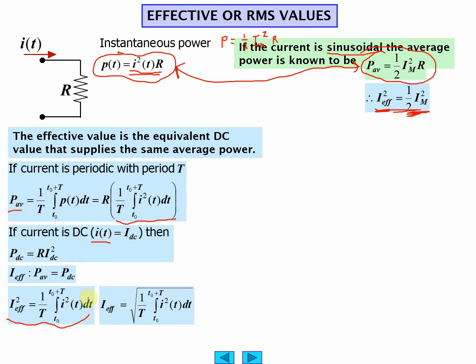Taking the square root of both sides, now you can see why they call it root mean squared. The integral divided by the period is the mean of the square, and then you take the square root of that.